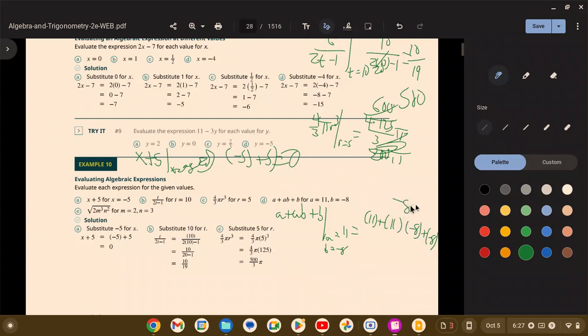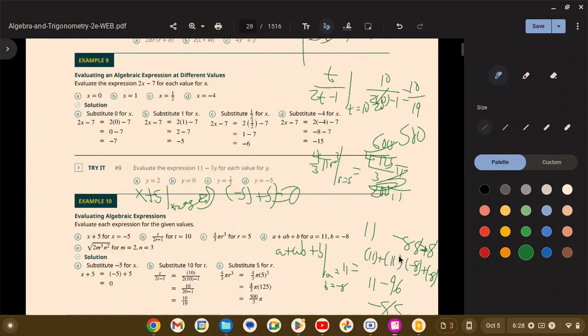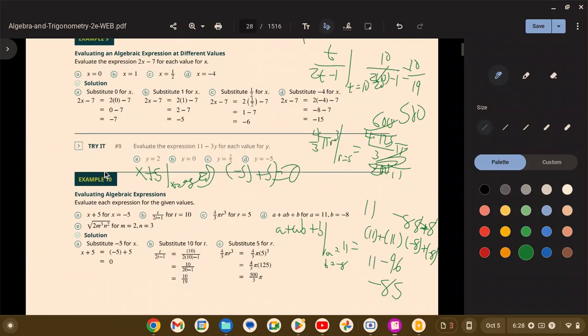So that's negative 88. 11 minus 88 plus negative 8. So minus 8. So negative 96. 11 minus 96. Is that negative 85? Yep.